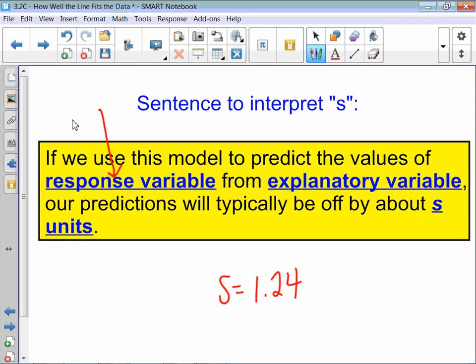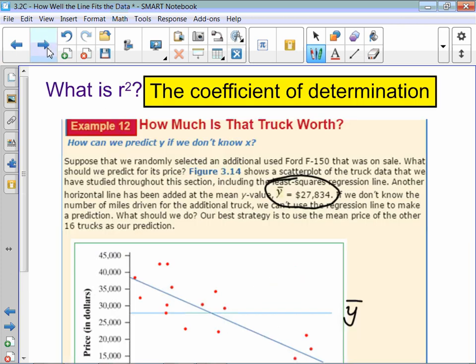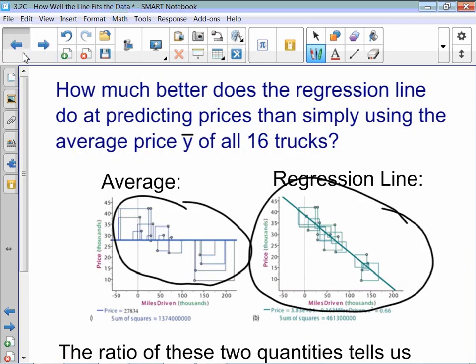You guys want to help her out? Wins. Points per game. What, you guys? Wins. We're always talking about the y value here because it's how far you are away from the line and the y distance. Okay? Cool.